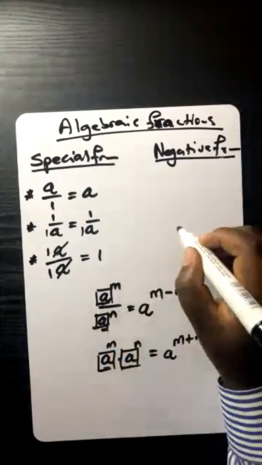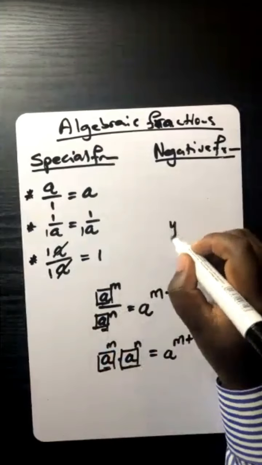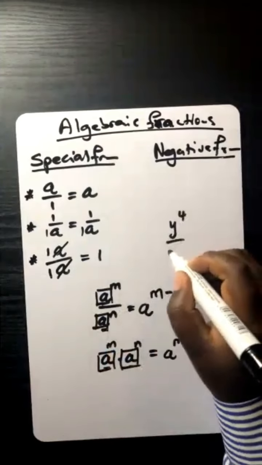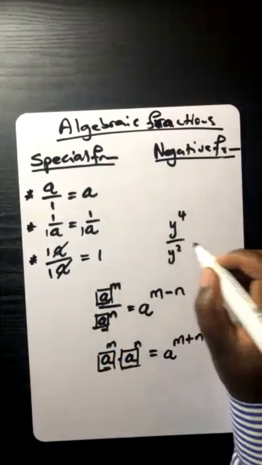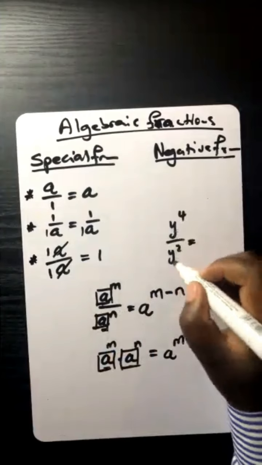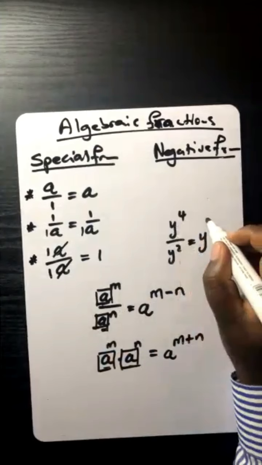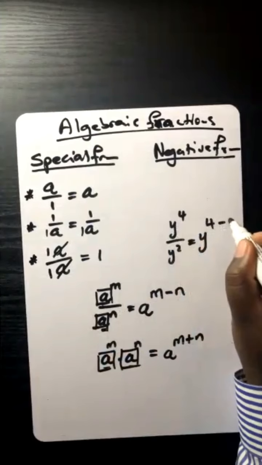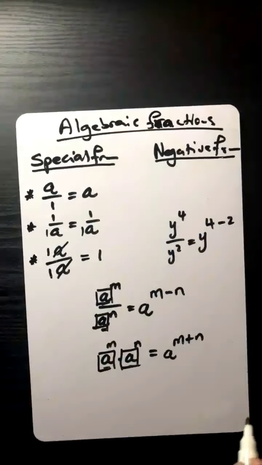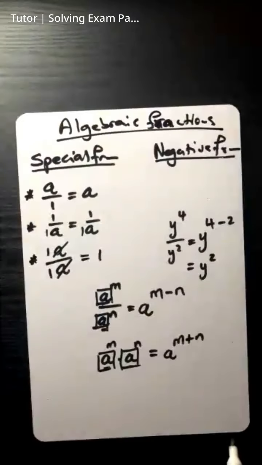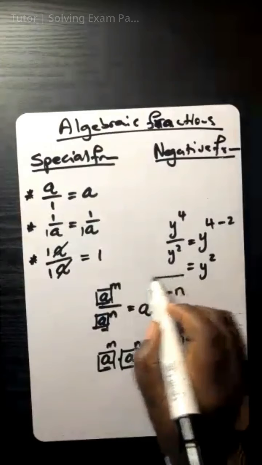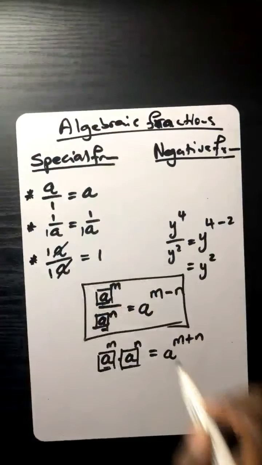So if I had to use a number, let's say you had y to the exponent 4 over y squared. Because you are dividing the same bases, you can just write that one base to the exponent 4, then you minus 2, which is the same as y to the power 2. So that is what this rule means.